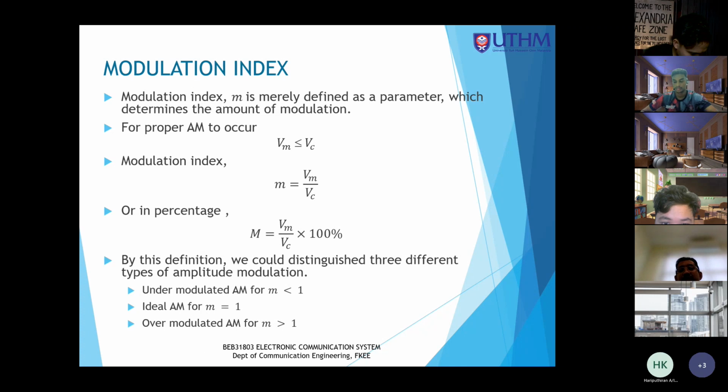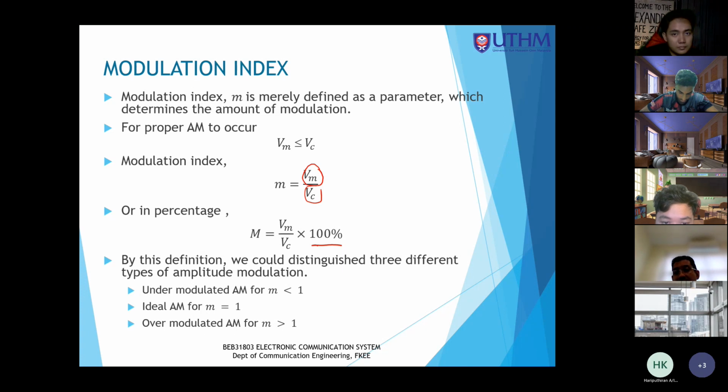about modulation index. Modulation index is the ratio of the peak amplitude of the modulating signal divided by the peak amplitude of the carrier. So it has no unit, it's a unitless parameter. And we can also express it as a percentage if we multiply by 100%. So note, class, that this is a ratio of peak amplitudes.